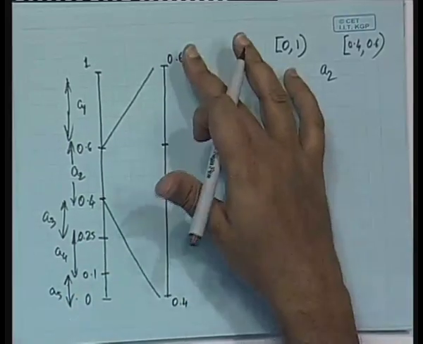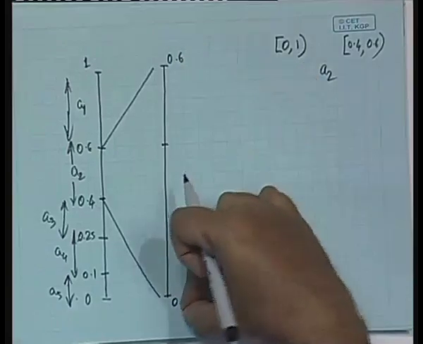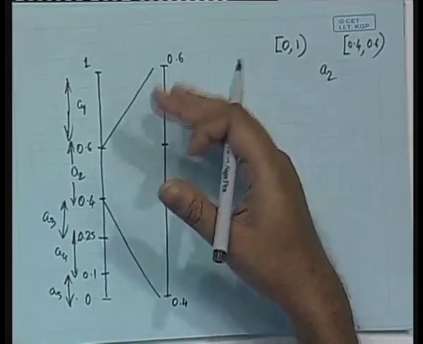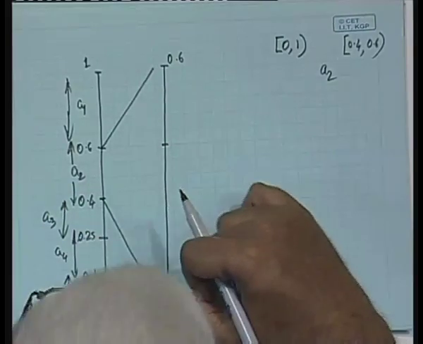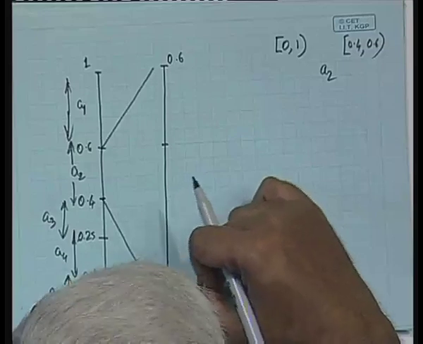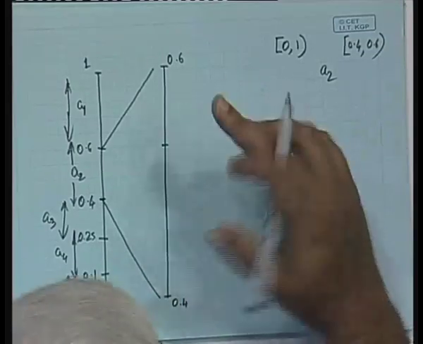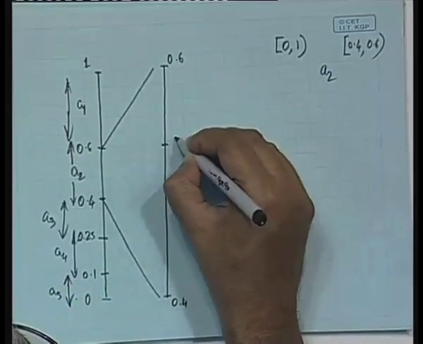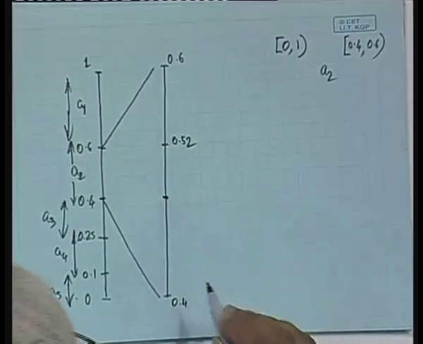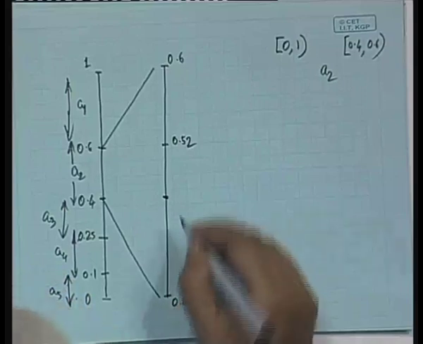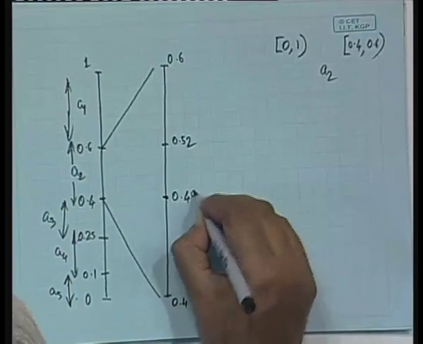0.52, okay. Sorry, yes, 0.4 to 0.6, 0.2, 60% of 0.2 means 1.2, plus 1 is 0.12, so 0.4 plus 0.12 is 0.52, you are right. So this is 0.52, and this is going to be 0.48, okay.